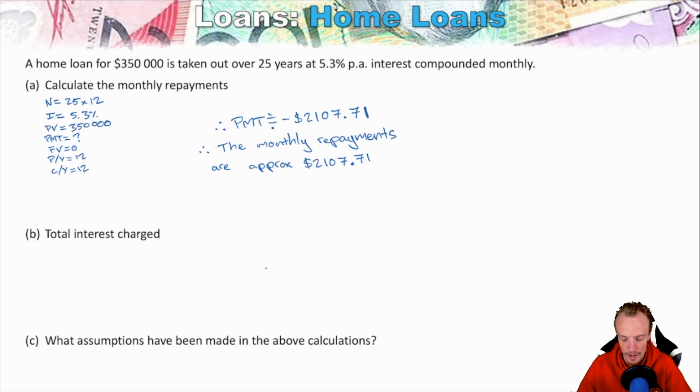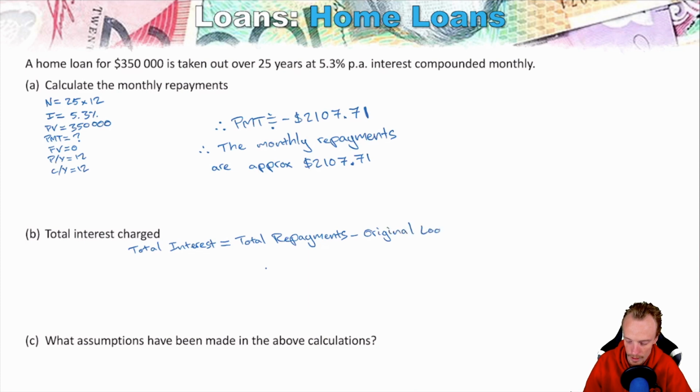So moving on, how do we calculate the total interest charge? Well, essentially this one's a nice simple one for us. We're still using this principle that total interest is equal to the total repayments, subtract away the original loan.